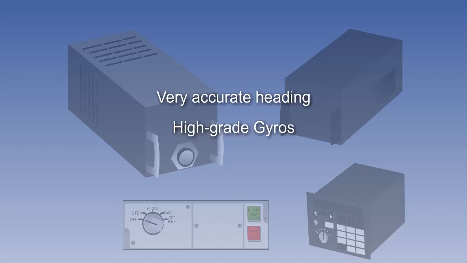INS calculates an initial true heading by detecting the Earth's spin, then relies entirely on high-grade gyros to maintain that accuracy. This will be explained later. INS can therefore be used for high latitude and polar navigation where the Earth's magnetic field may be weak, or the value of variation may be unreliable.